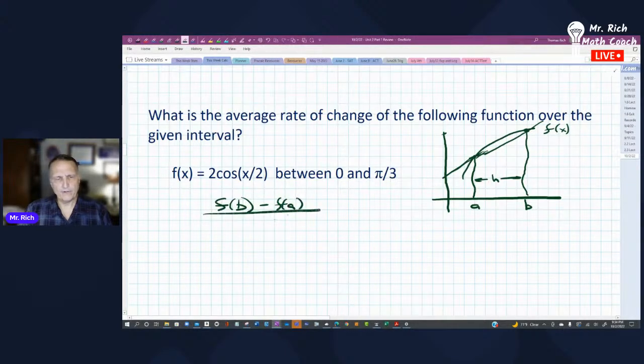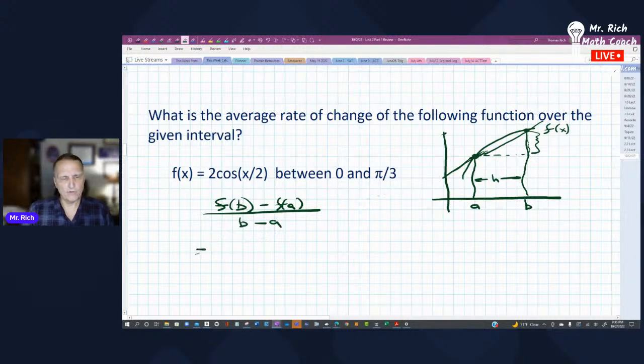And then we would divide that by b minus a, because if we look at our 2 points right here, this distance, the rise, is the f of b minus f of a, and then the run would be the b minus a.